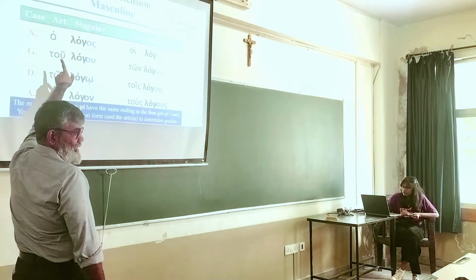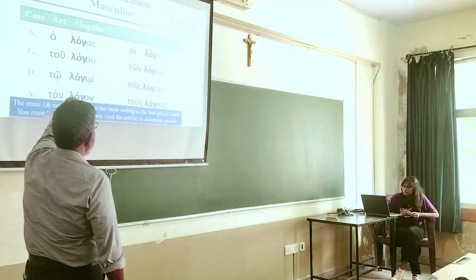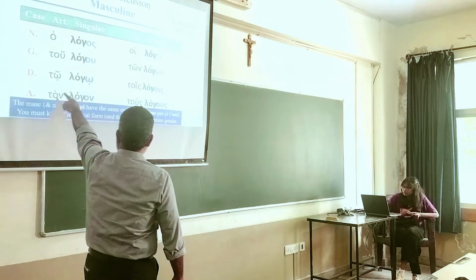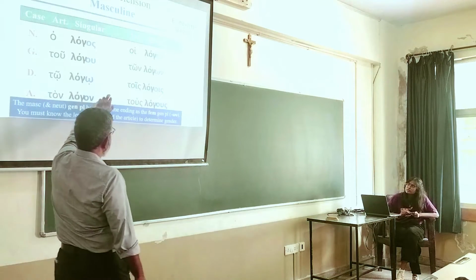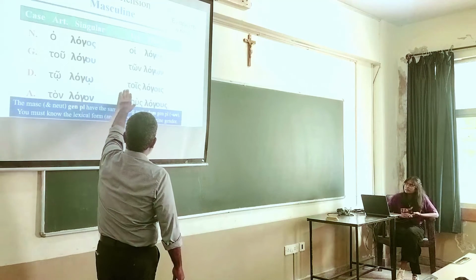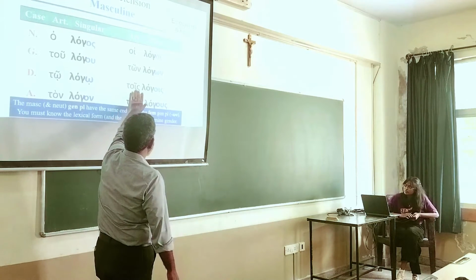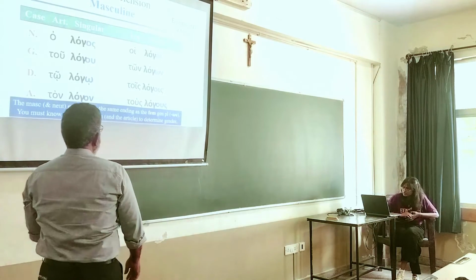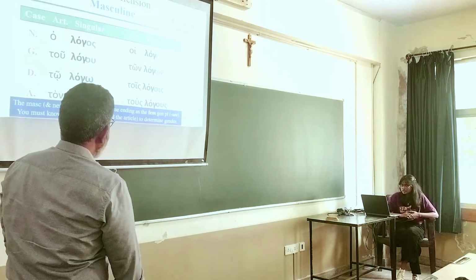For feminine, you would have had an eta there, right? This is masculine. These are the articles. So that is where I said when you see an article like this, you know that you are dealing with a masculine, plural, indirect object.